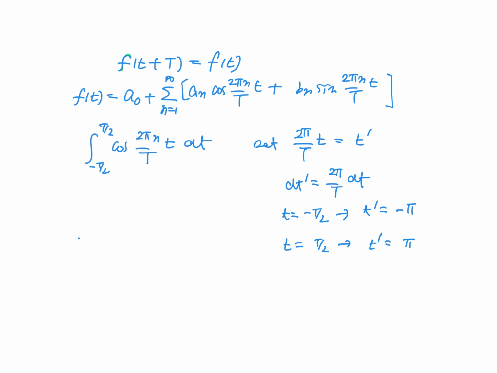So this integral can be transformed into minus pi to pi cosine n t prime, T over 2 pi dt prime, right? So that gives T over 2 pi, minus pi to pi cosine n t prime dt prime.